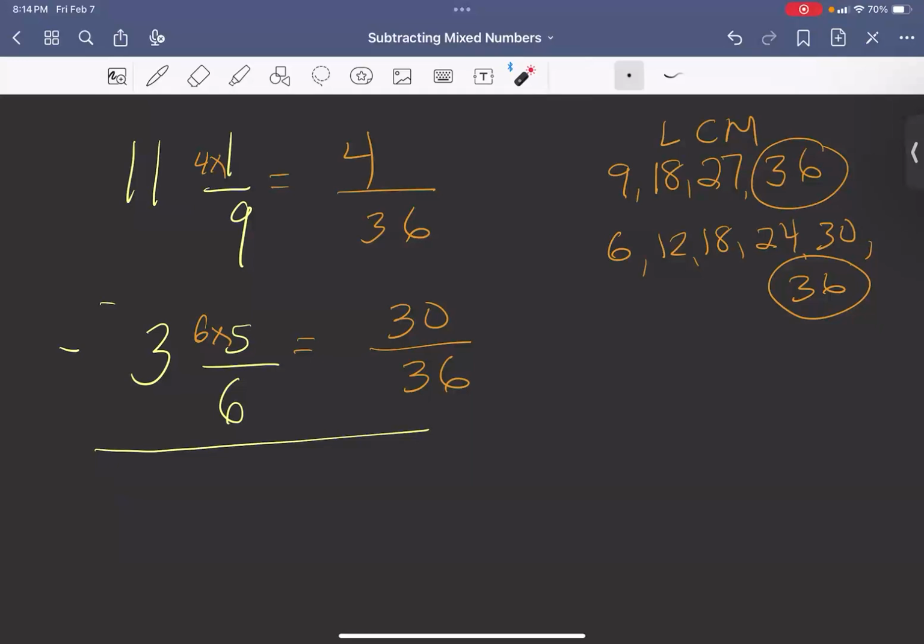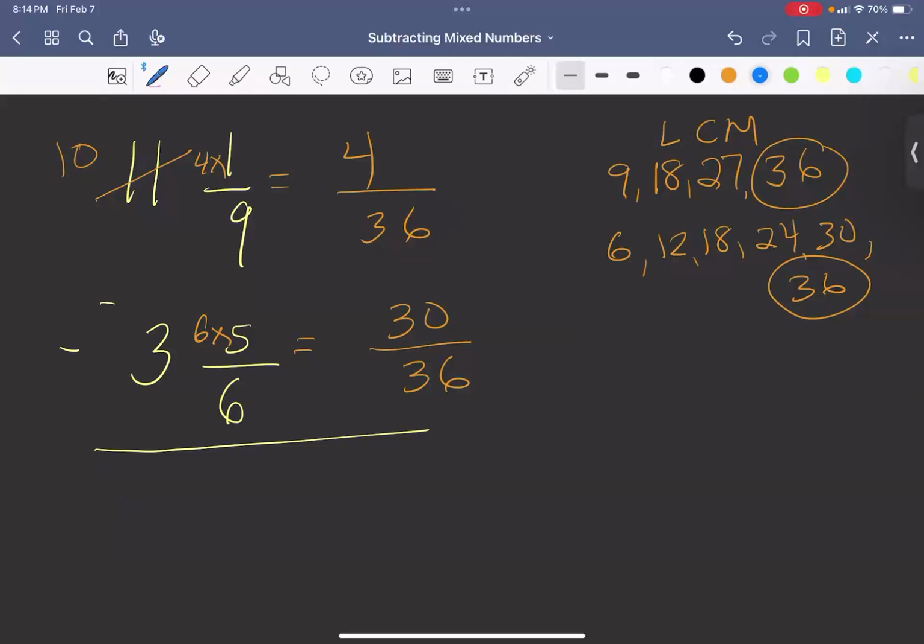And what we do is we borrow 1 from that fraction. So now the 11 is going to become a 10. And whatever is the denominator, if it was 20, if it was a million, if it was 3, we're going to add that denominator to the numerator.